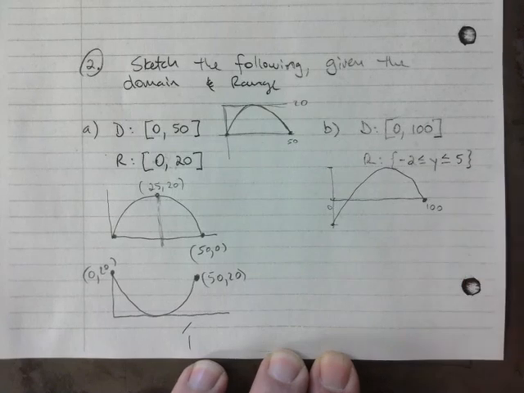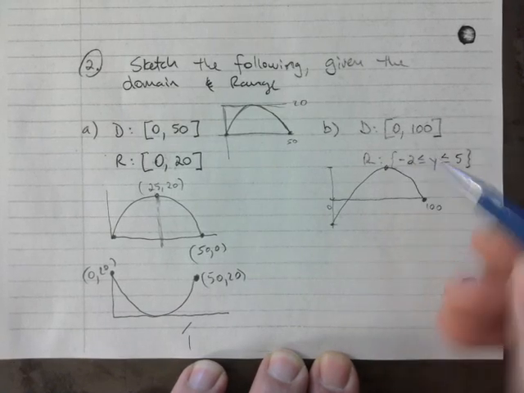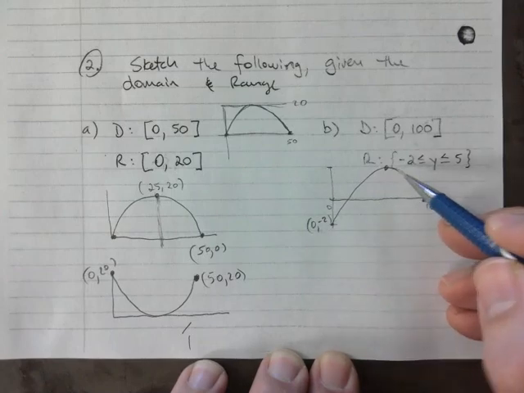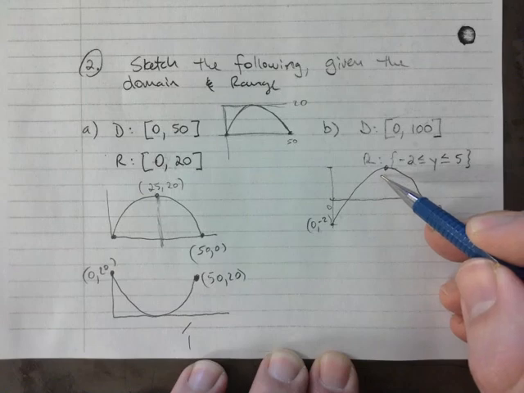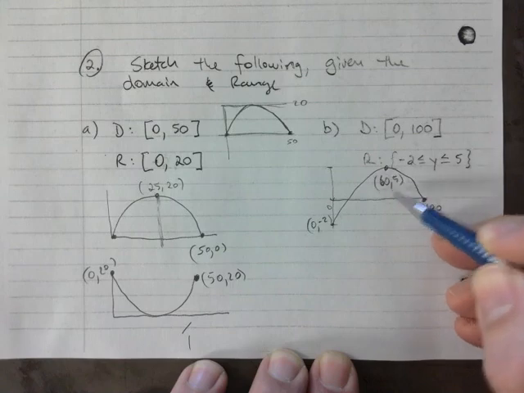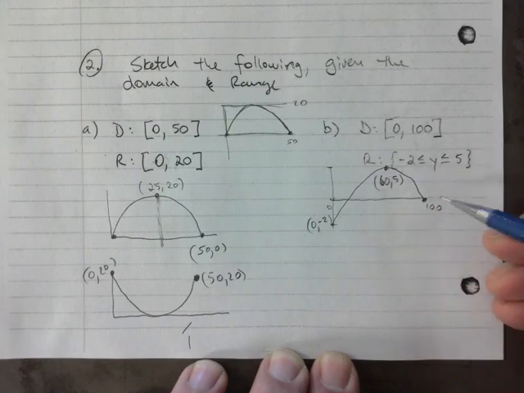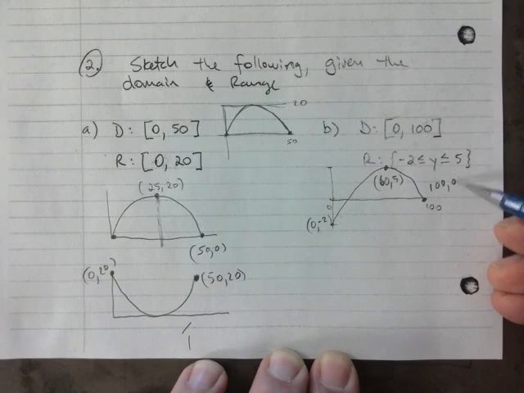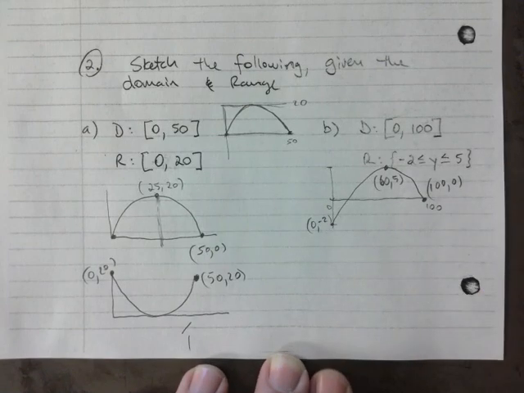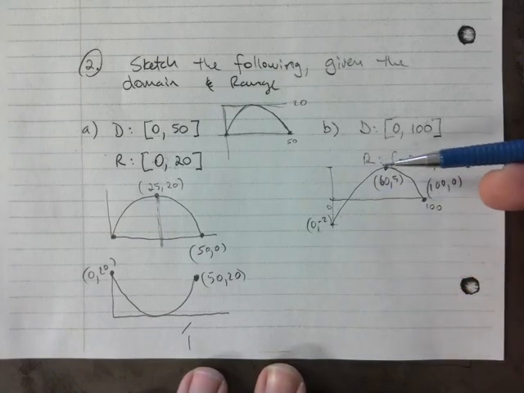I could do something like that. Okay. So this is 0, -2, and this is going to be something. It doesn't matter. Something 5. As long as that is 5, and then this would be 100, 0, right? So you're making sure it goes from 0 to 100, and from -2 to +5.